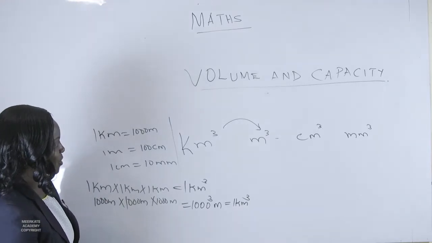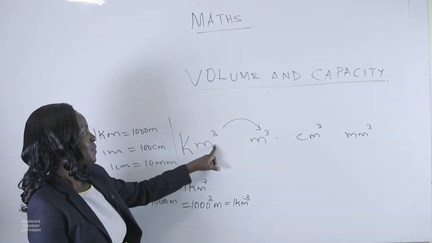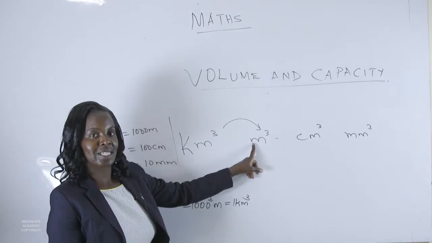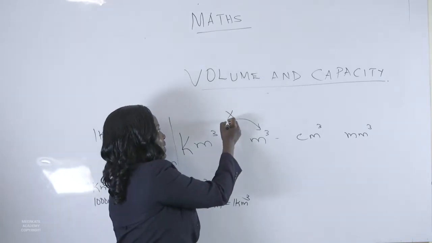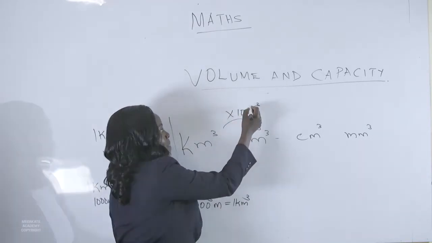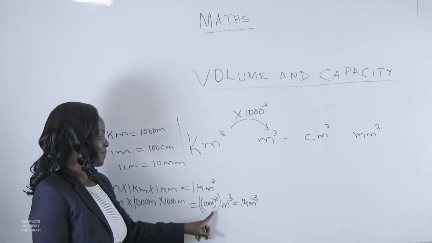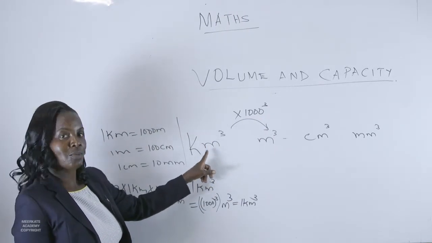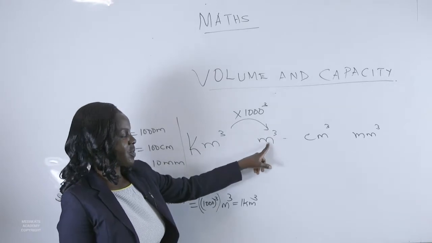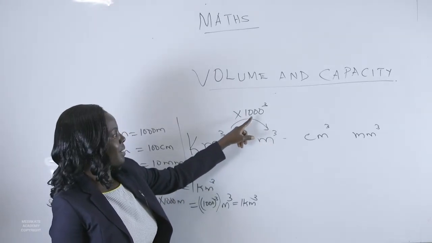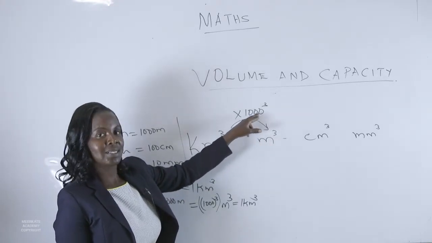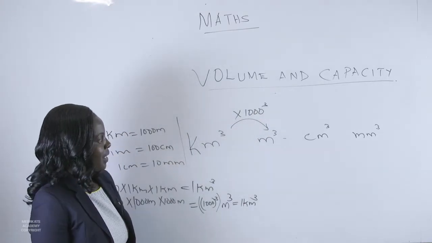So if we are supposed to change from cubic kilometers to cubic meters, then we multiply by 1,000 cubed. Let's see.